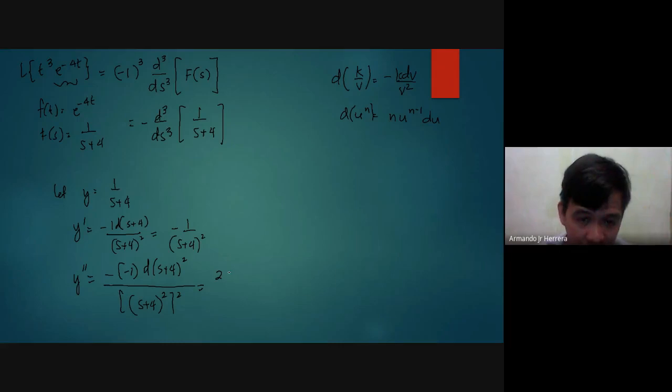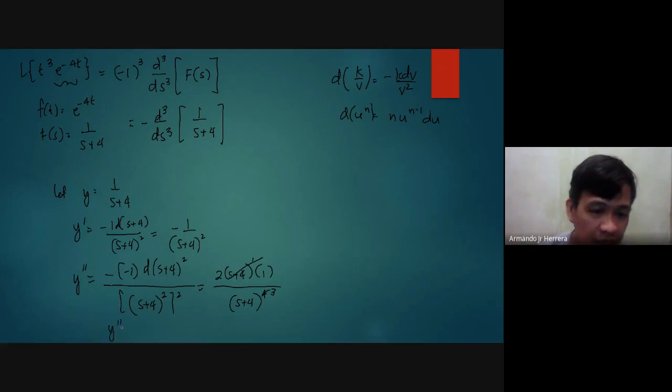So that's 2 times s plus 4 to the 2 minus 1, which is 1, multiplied by the derivative of s plus 4, which is 1, over s plus 4 to the fourth power because squared raised to the second power is 4. Canceling this out, that gives us 3. Then our second derivative is 2 over s plus 4 to the third power.